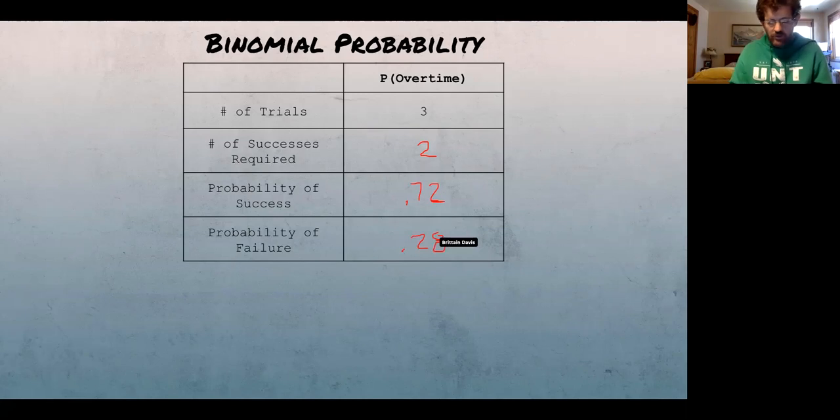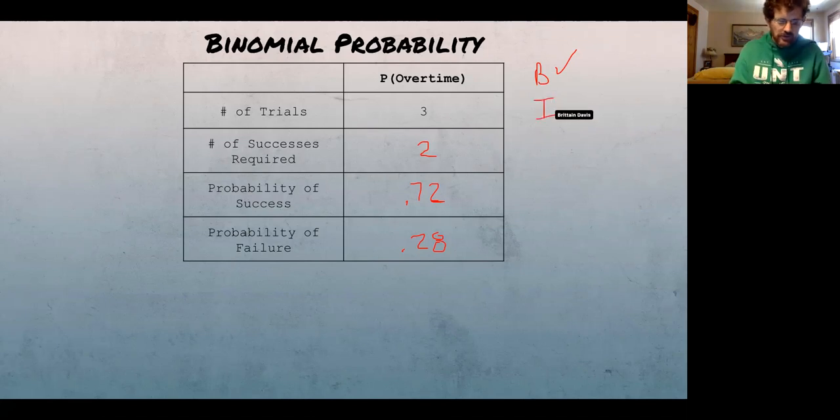So from the get-go, we want to establish that these are Bernoulli trials. So is it binary? I think it's fair to say it's binary. You either make the shot or you miss it. So binary, yes. Is it independent? I think it's fair to assume in this case that whether you make the previous shot or not shouldn't affect whether you can make the second one if you're a natural 72% free throw shooter.